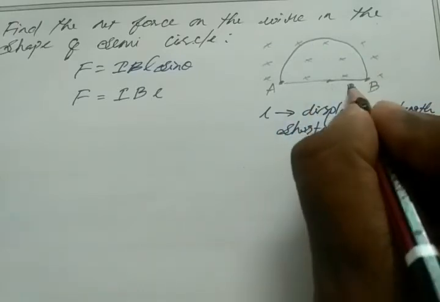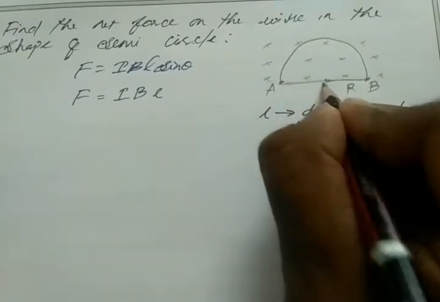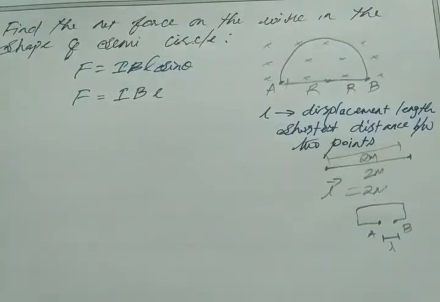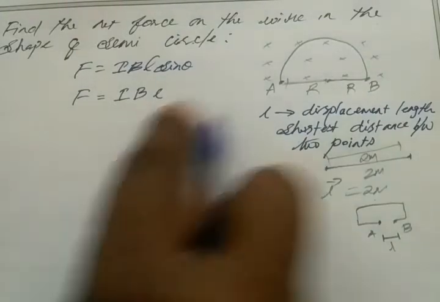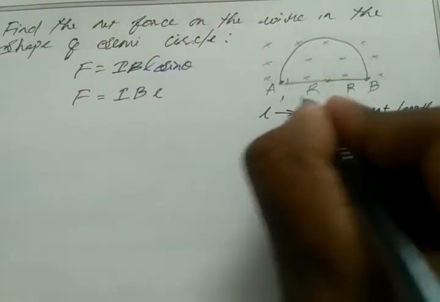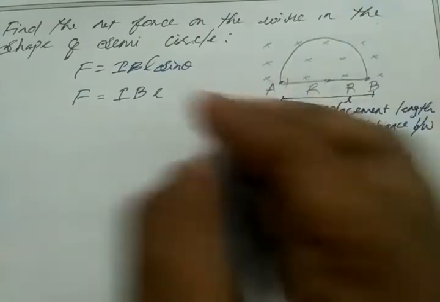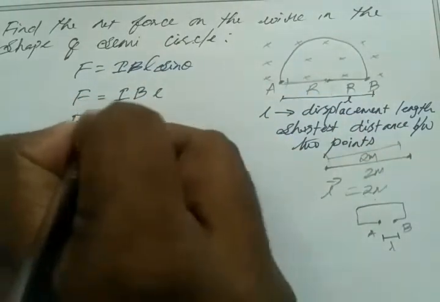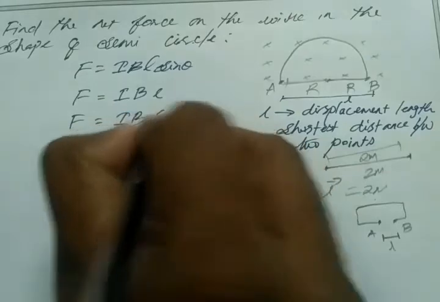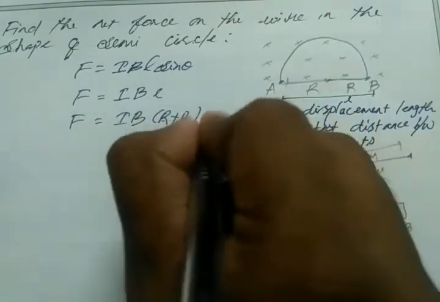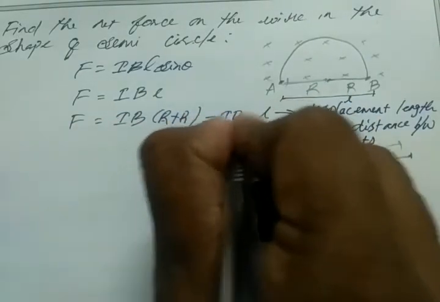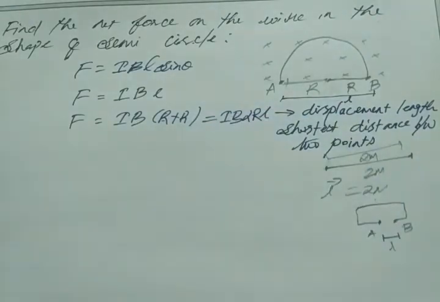If this is R, then this must also be R. So my L is R plus R, this total distance. So I take L as R plus R, so IB into 2R. This is my final answer. Clear? Move on to the next problem.